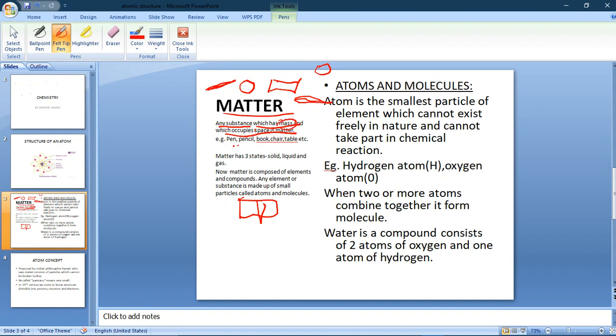That is why it's called matter. Pen, pencil, book, chair, table, these are examples of matter.